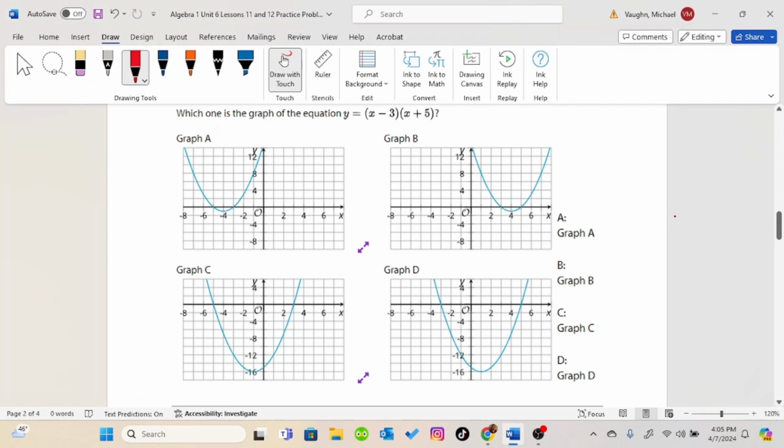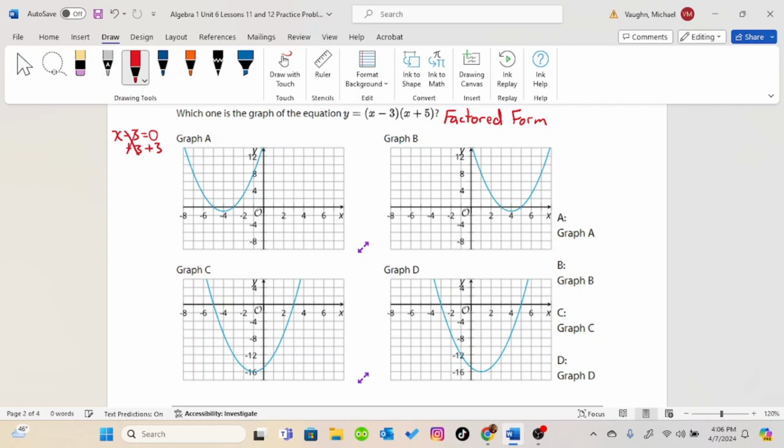Which one is the graph of the equation y equals (x minus 3) times (x plus 5)? This is factored form. And factored form allows us to find the x-intercepts by setting each factor equal to 0 and solving for x.